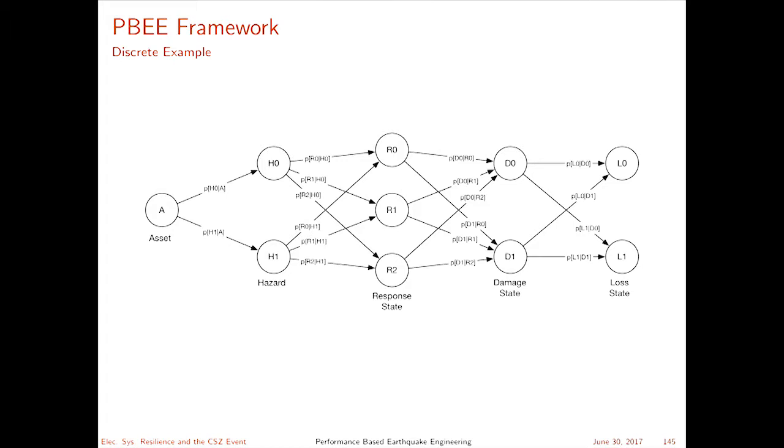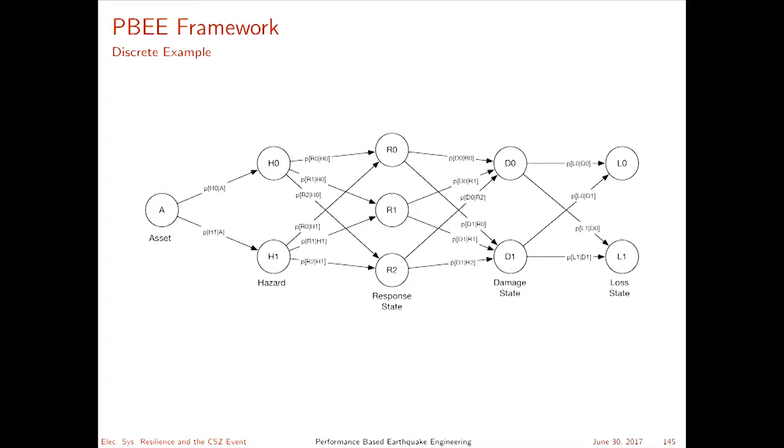Does that make sense? And then again, these two allow some flexibility. You could kind of stop right here. It'd be intuitive to just leave out the loss state, and you arguably could. But the loss state allows you an additional degree of flexibility where you can link a specific description of damage to a specific description of the actual functionality of the system, because you can have something that's damaged but can still work.